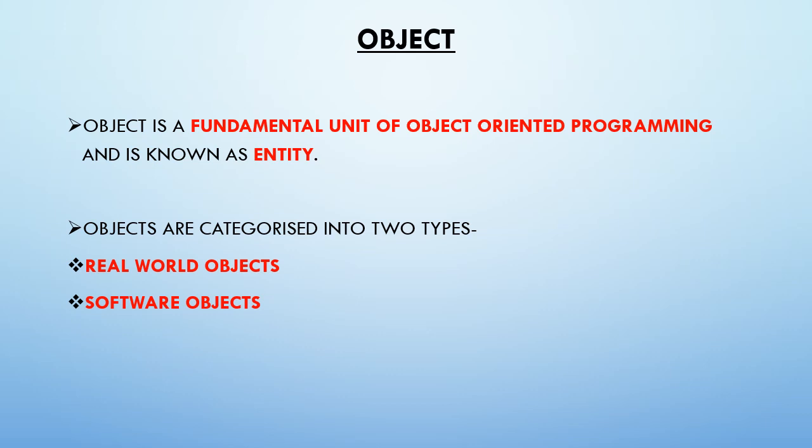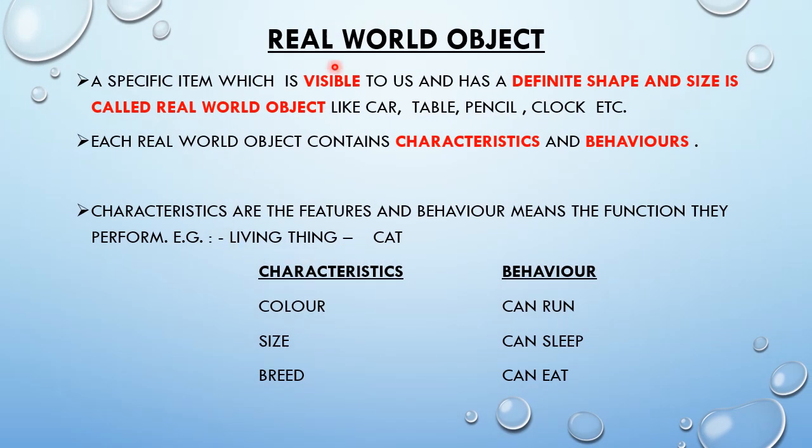Object. So object is a fundamental unit of object-oriented programming, and it is known as an entity. Objects are categorized into 2 types: real-world objects and software objects. Now, first we will see what are real-world objects. A real-world object is a specific item which is visible to us and has a definite shape and size.